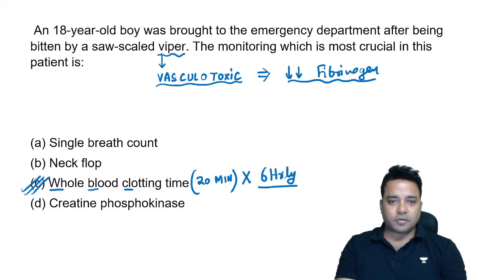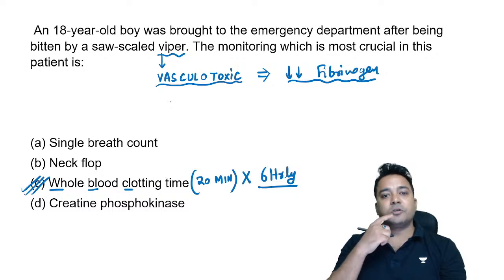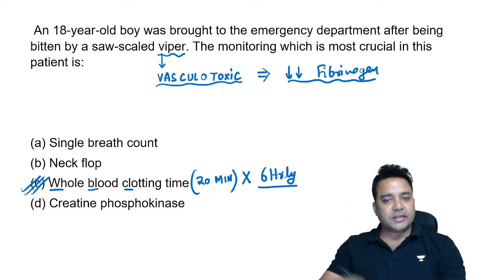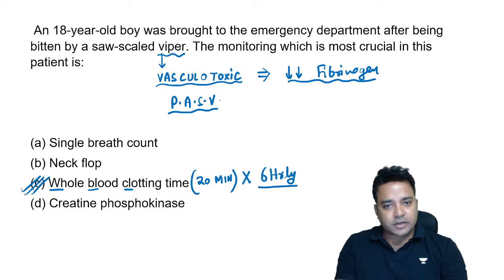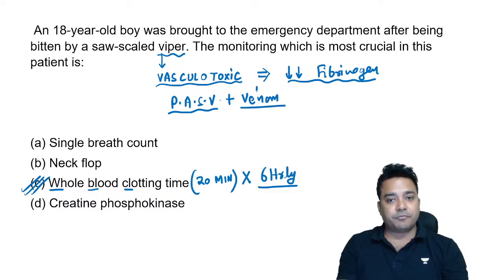Because suppose a viper bite has come to casualty and you see the person bleeding from gums, bleeding, internal bleeding signs are also noted by the doctor. So you will start giving polyvalent anti-snake venom. Now after giving this anti-venom, it will interact with the active venom, which is yet to produce any effect.